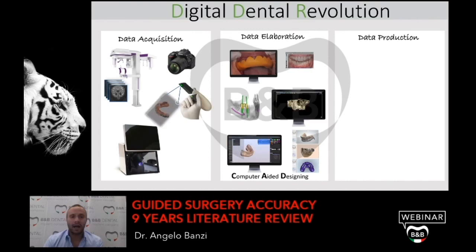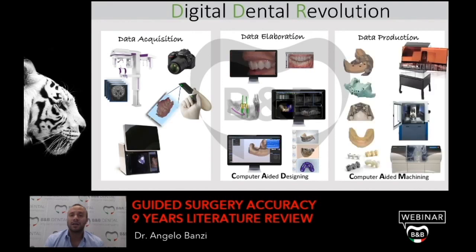The production is made thanks to machineries, and working with different types of machineries, I will be able to have the surgical template and the stereolithographic model, for example of a maxilla, just using a 3D printer.